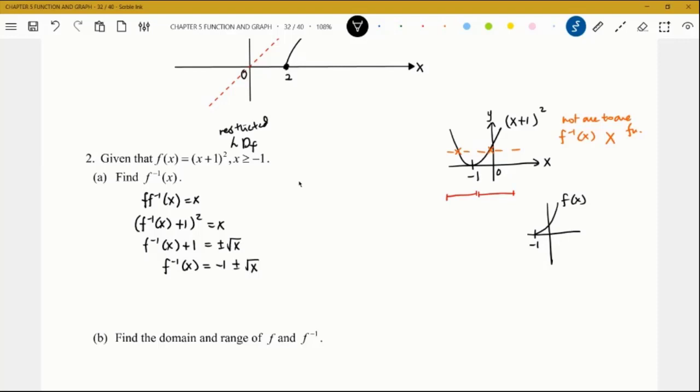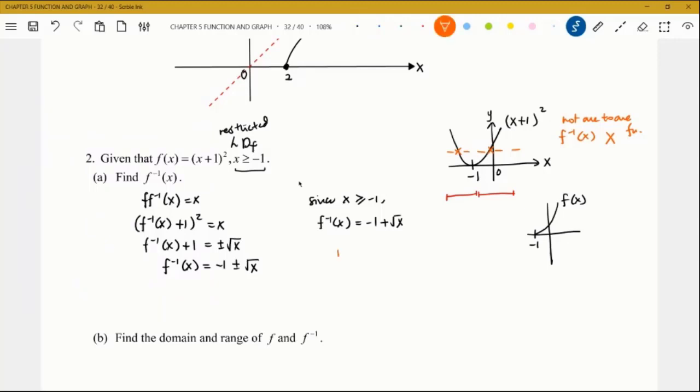Okay, kita ada nampak plus minus. So F inverse mesti satu saja. Dia tak boleh dua-dua. Dia mesti satu, either plus ataupun minus. So macam mana kita nak tahu dia plus ataupun minus, dia akan reflect balik dekat sini. So since x greater than equal to negative 1, kita akan pilih positive. So F inverse will be negative 1 plus square root x.